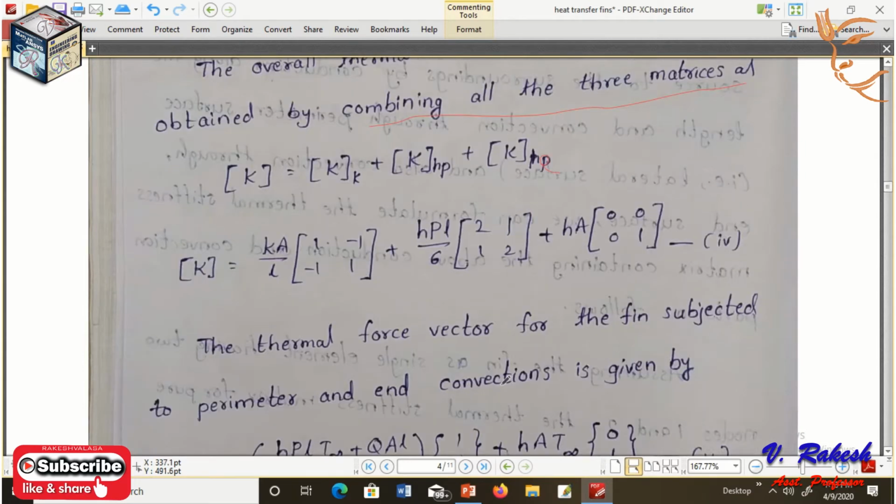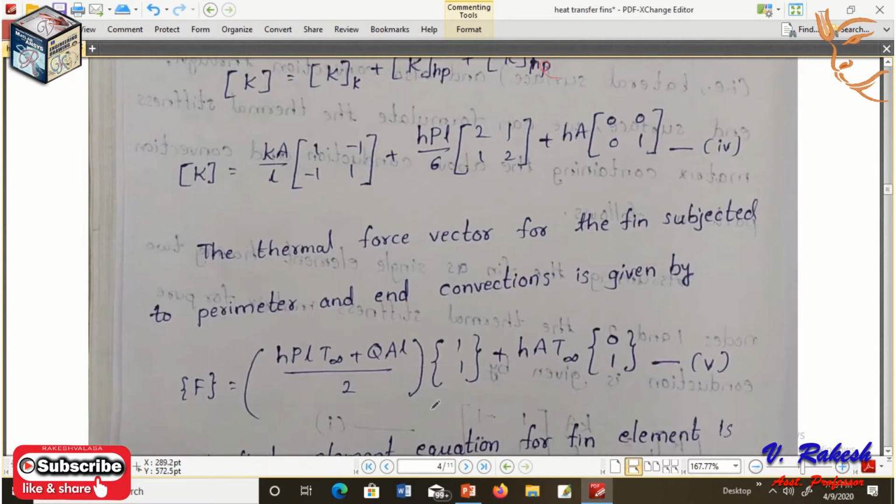Now the thermal force vector for the fin subject to perimeter and end convection is given by F equal to (hPL T infinity plus QAL by 2) [1; 1] plus hA T infinity [0; 1]. This is also derived in the previous class.